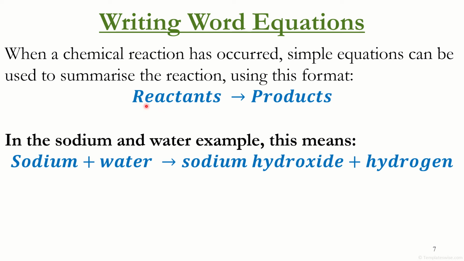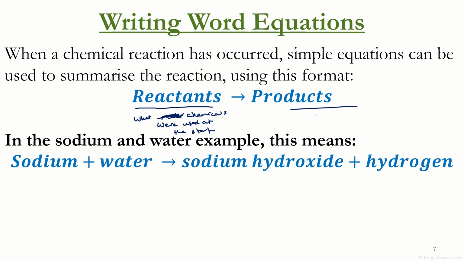We always write the reactants on the left-hand side, and then we write the products on the right-hand side there. So remember, reactants is what materials, or in this case, chemicals, were used at the start.